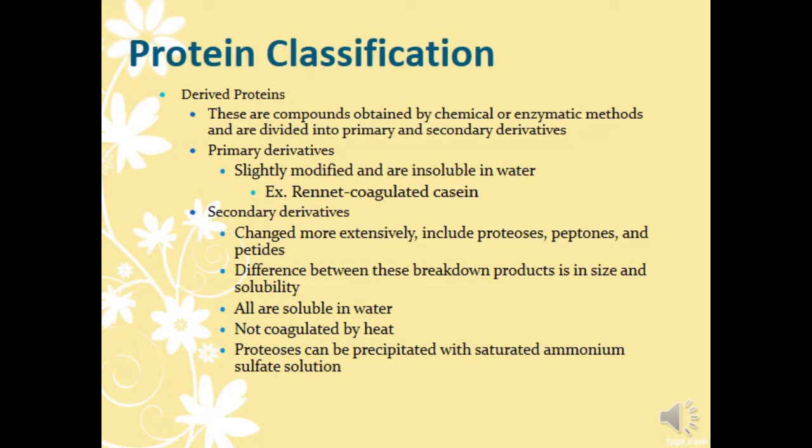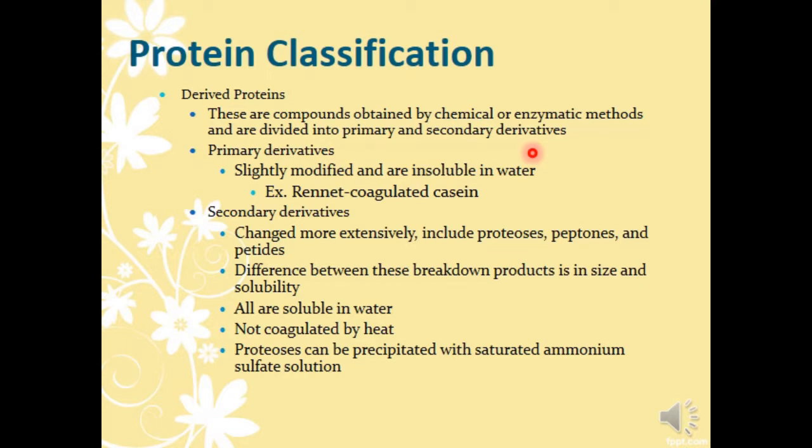So the third classification of protein is derived proteins. So what is derived protein? This type of protein is obtained by chemical or enzymatic methods, and this is further divided into either primary or secondary derivatives. So what are primary derivatives of a derived protein? These are slightly modified proteins which are insoluble in water.